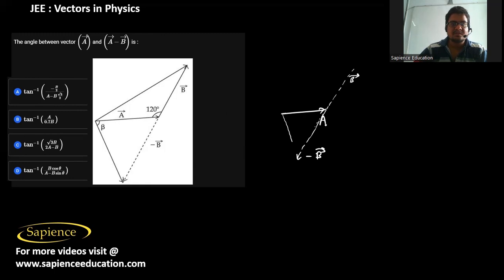Okay, this is minus B. So this vector is A minus B. So the angle in between vector A and vector A minus B, actually the resultant of this is A plus B. This is 120 degrees. And the angle in between A and A minus B is told here as beta. Now beta, this is 120 degree.